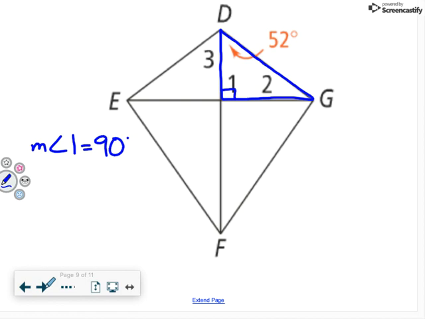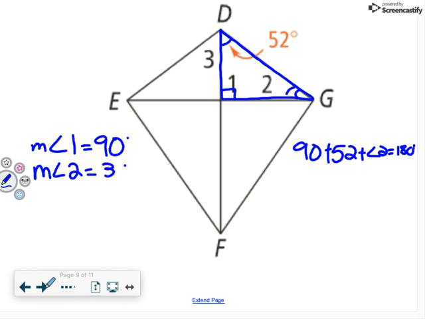We know that this adds up to 180 degrees, so we have to figure out this measurement. The measure of angle 2 is 90 plus 52 plus angle 2 equals 180. If we solve for it that way, we find angle 2 is 38 degrees.